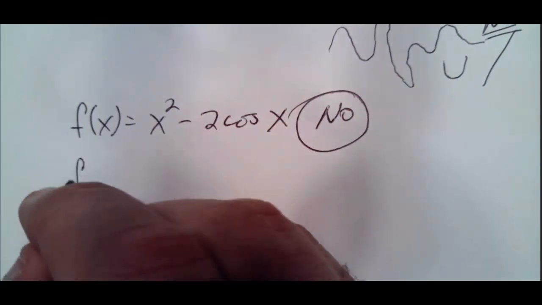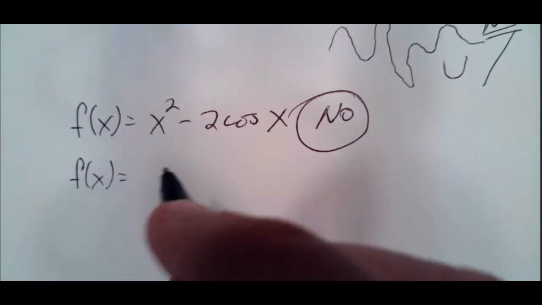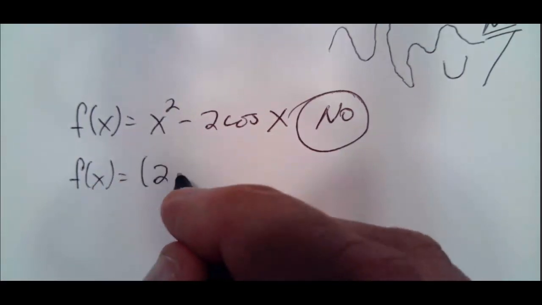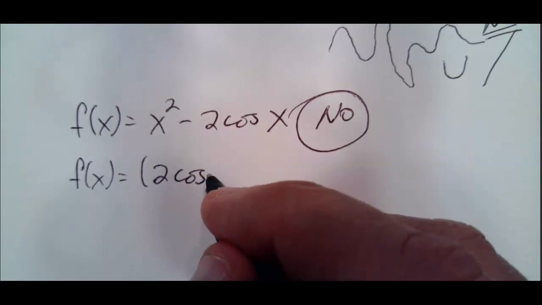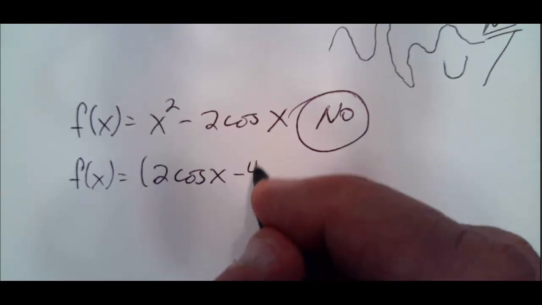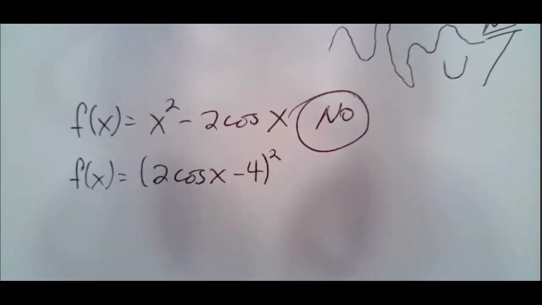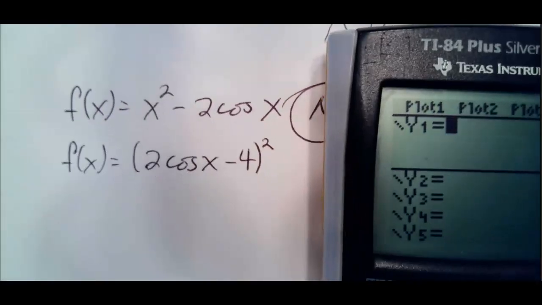Now let's look at the second one: f of x is equal to 2 cosine x minus 4, raised to the second power. Pause the video, put this in, and see what you get. Let's put this in our graphing calculator.